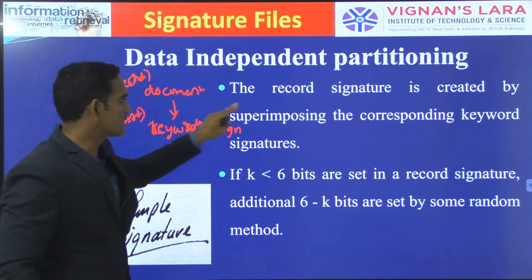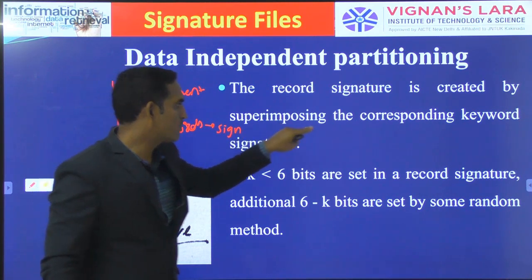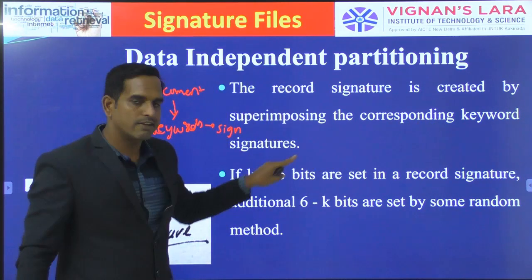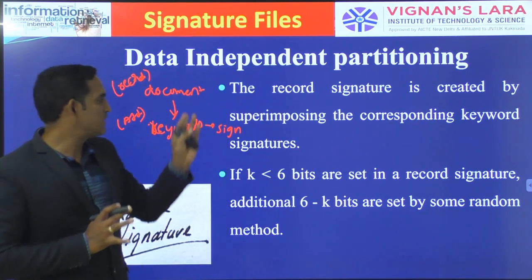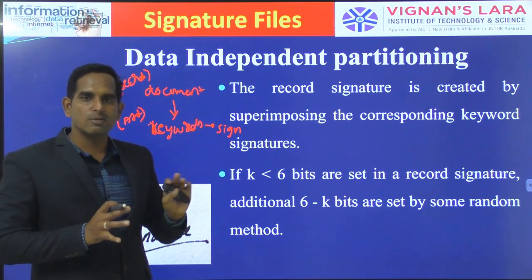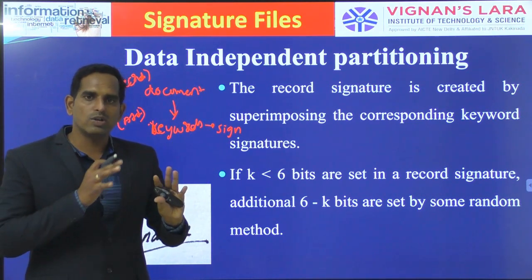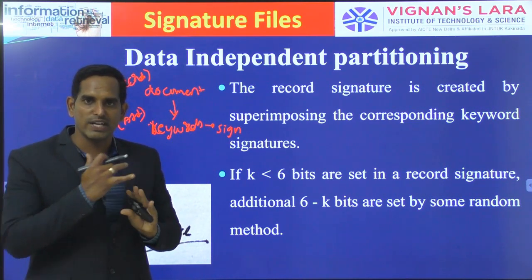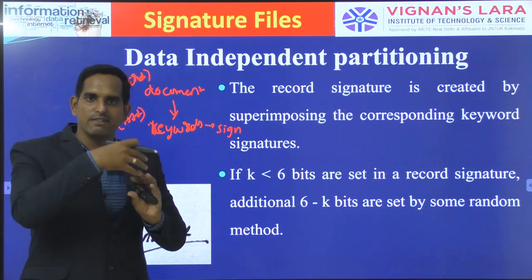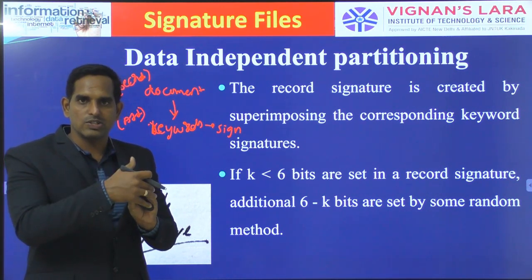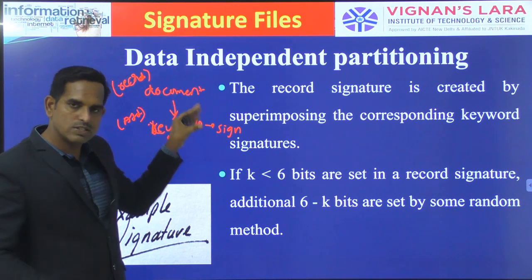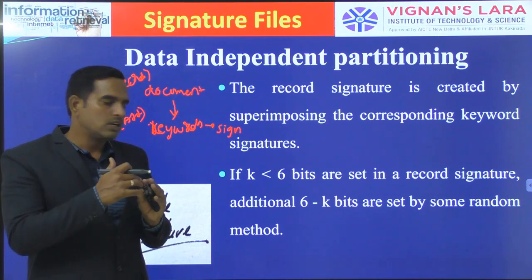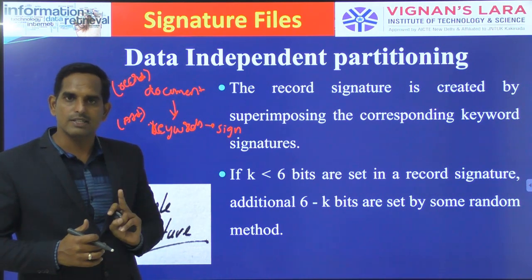The document signature will be created by superimposing the corresponding keyword signatures. For example, if a document has 5 keywords, we create the signatures for all those 5 keywords, and all those signatures will be added together to form your document signature.